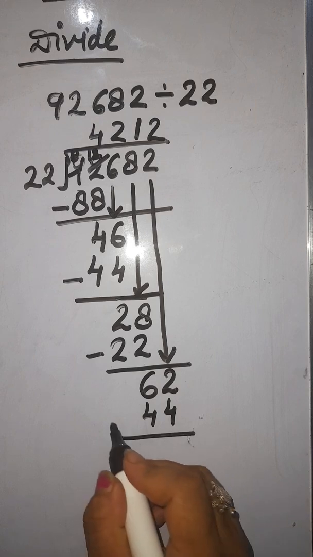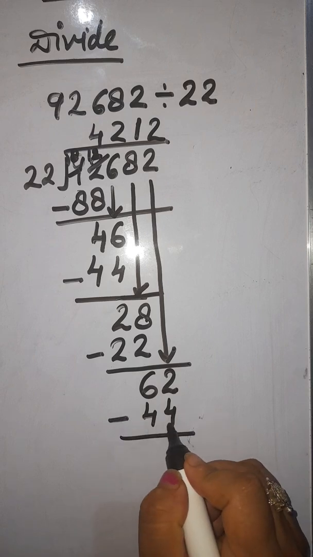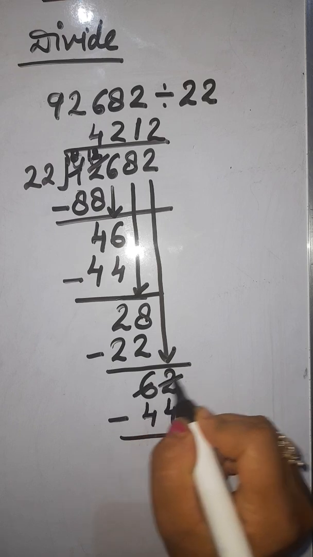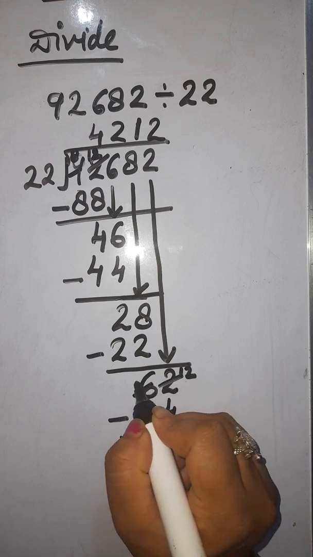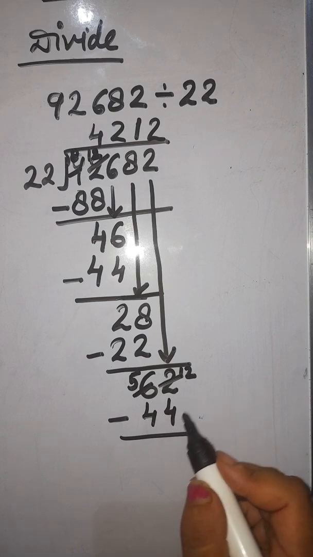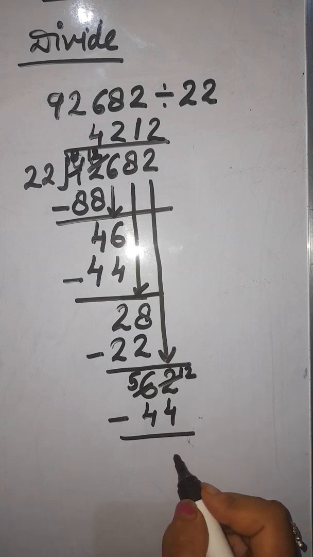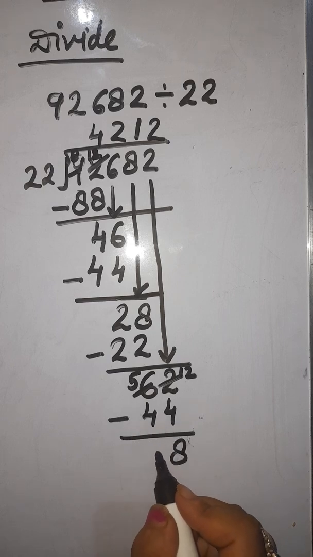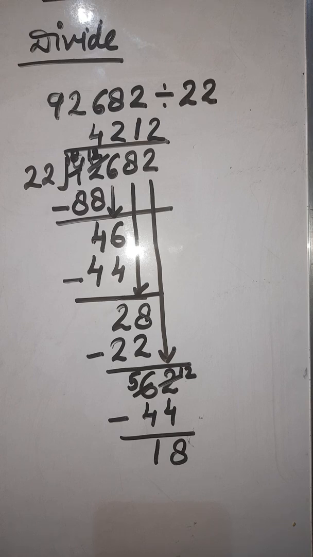Again we'll subtract it. Here 4 is greater than 2. So we will borrow from this side. It will become 12, and here it is 5 now. So subtract 4 from 12, we'll get 8. And 4 from 5, we'll get 1. Now it is 18. Fine everyone?